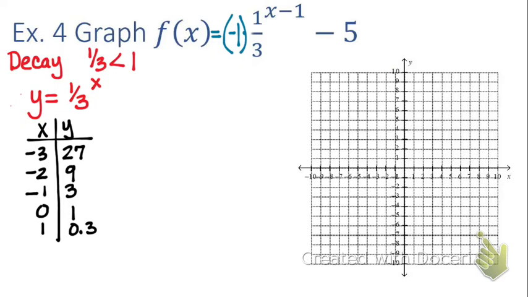So your first number is pretty high, so we probably won't graph that one because 27 is kind of big. A is -1. H is what? +1. And K is -5.